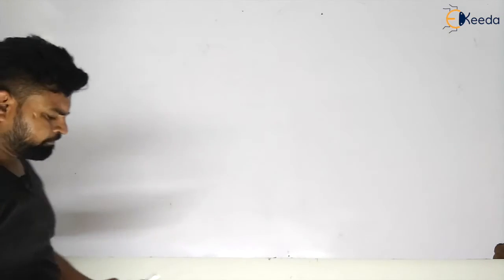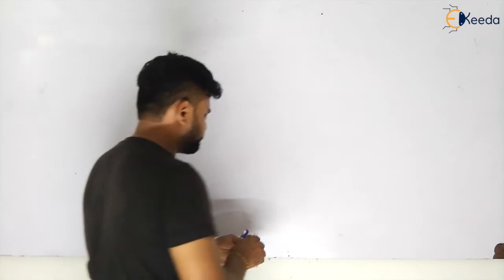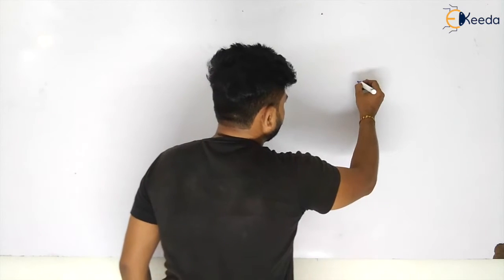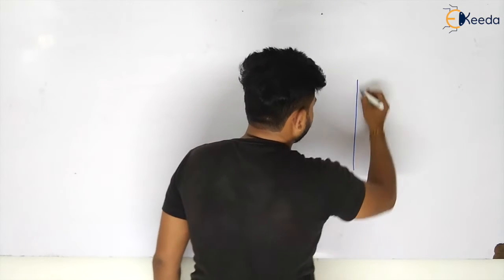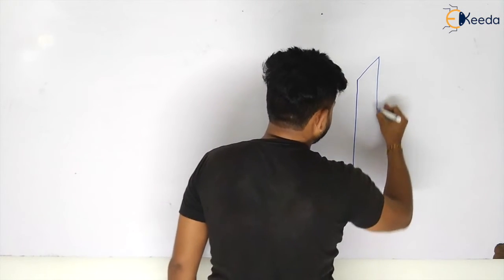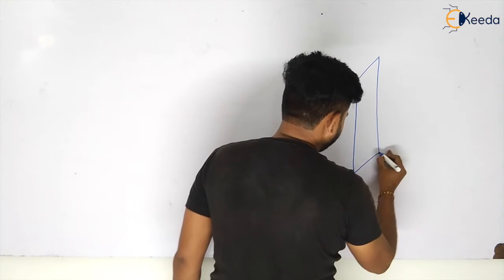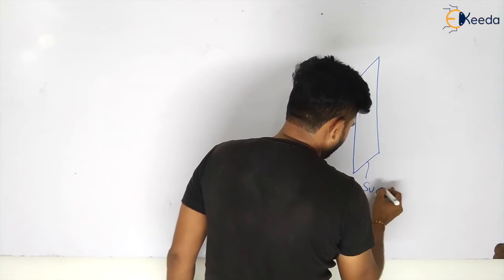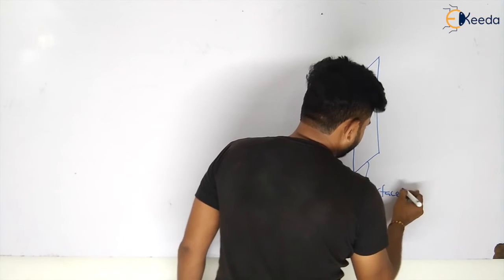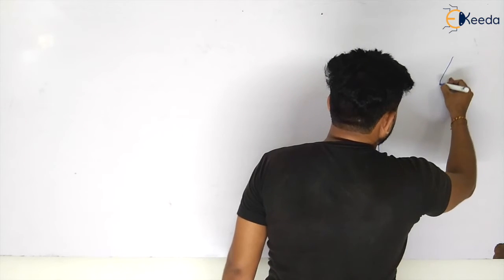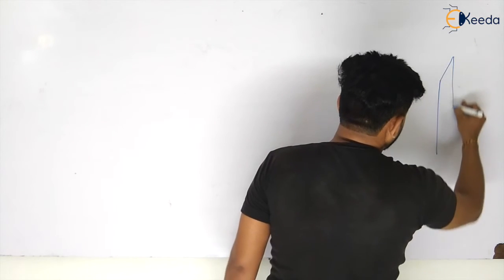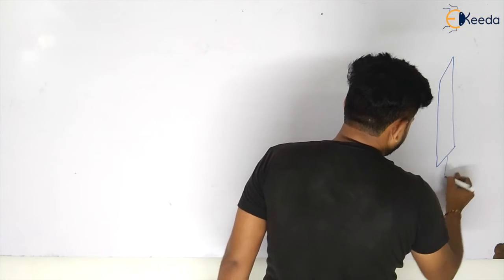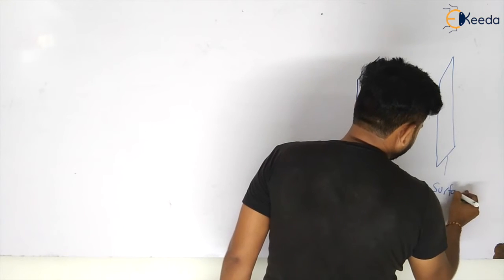Now let us see. If I have two surfaces, let us take two surfaces, my dear students. This is again your surface 1, and I am taking surface 2.